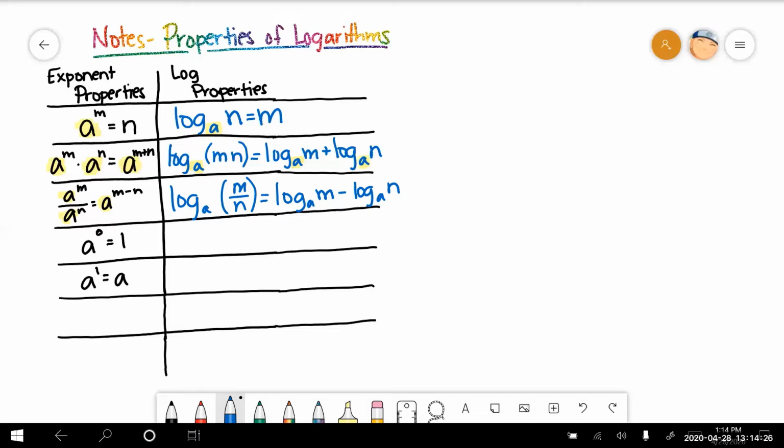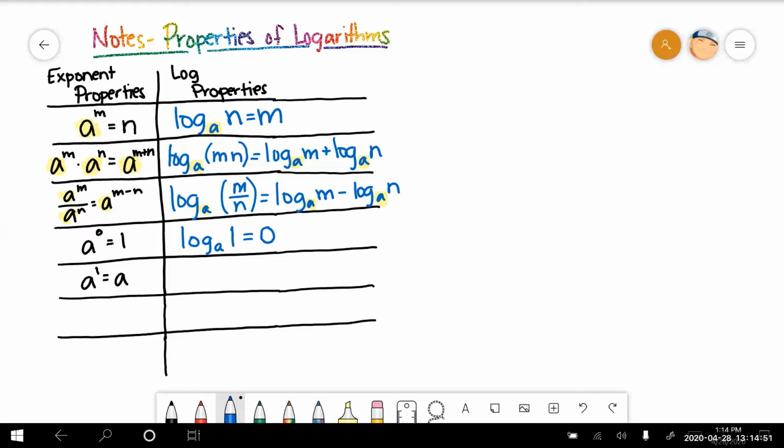With the next property, we know that any number to the 0 power, and let me make sure that I'm denoting all of our base numbers here, is equal to 1. Well, the same applies for logarithms, except this time, for any base number, log base A of 1 will always be 0.